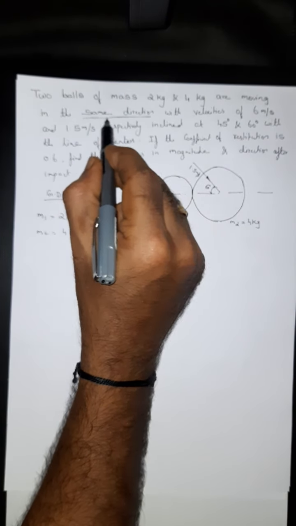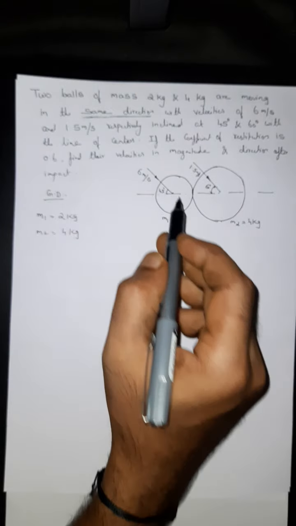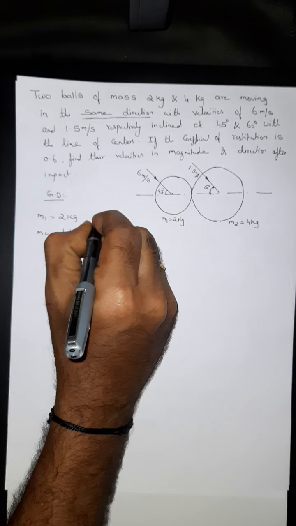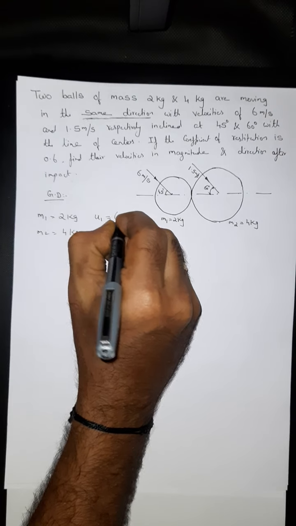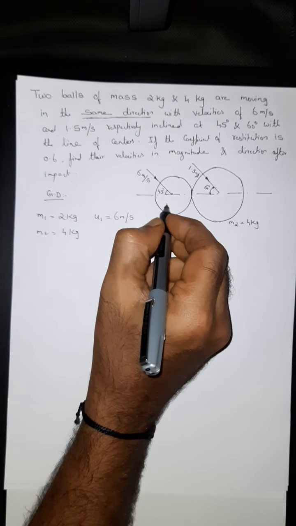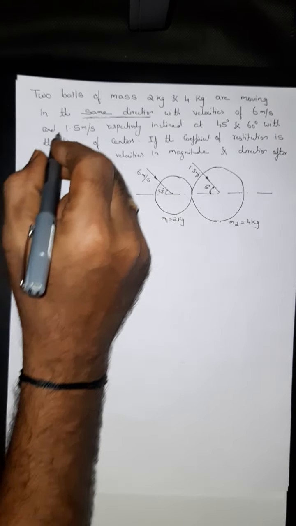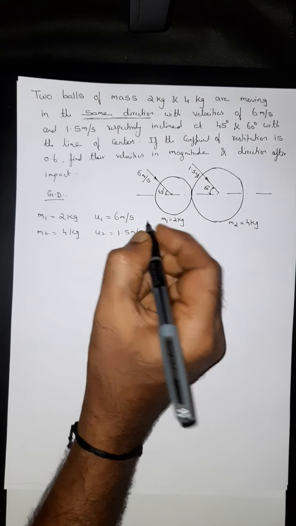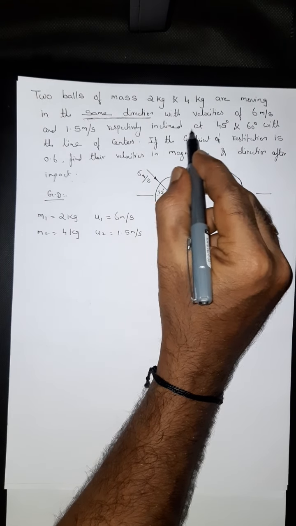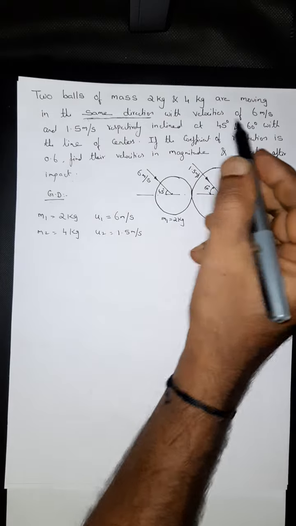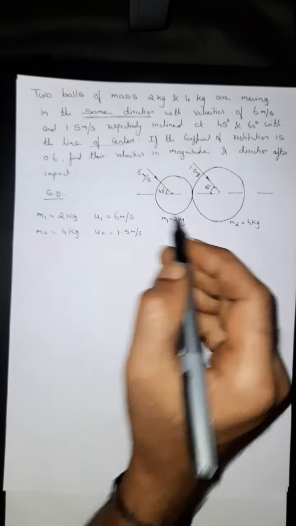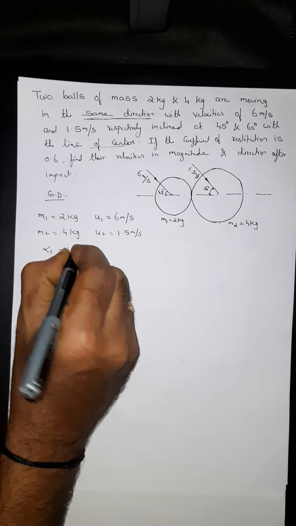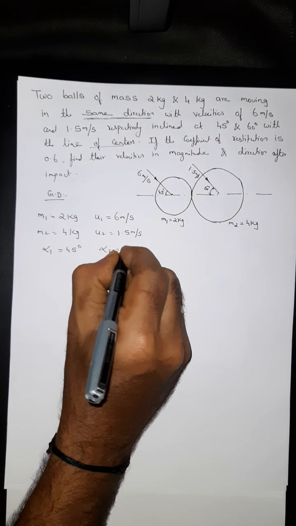Both balls are moving in the same direction, where u1, the initial velocity of ball 1, is 6 meter per second and the second ball is 1.5 meter per second, inclined at 45 degree and 60 degree with the line of centers, that is the line of impact. So alpha 1 is 45 degree and alpha 2 is 60 degree.